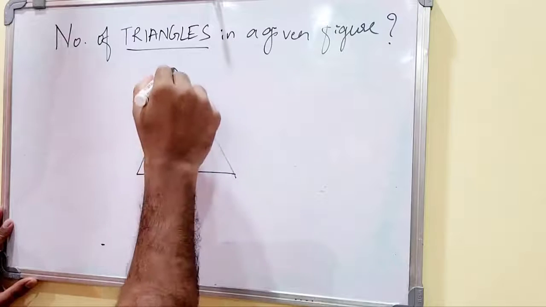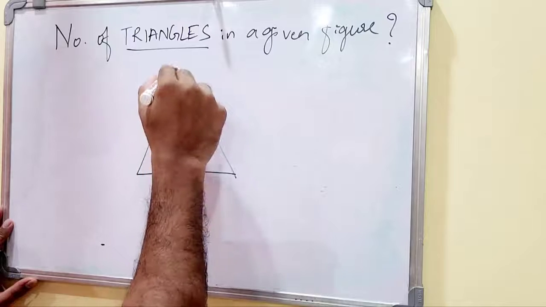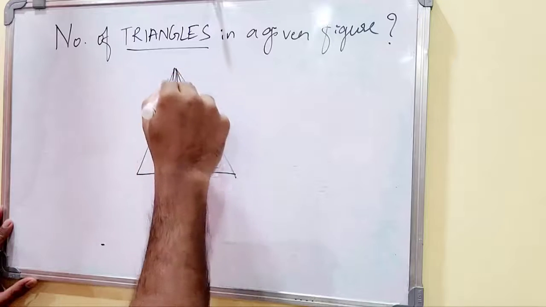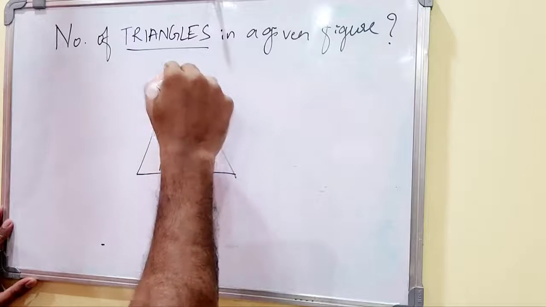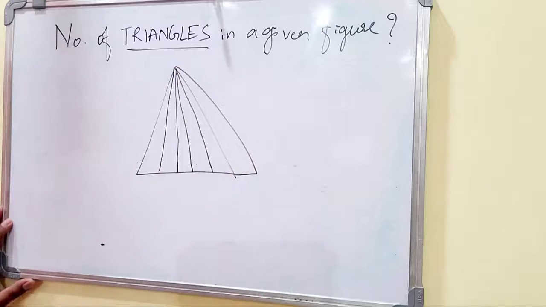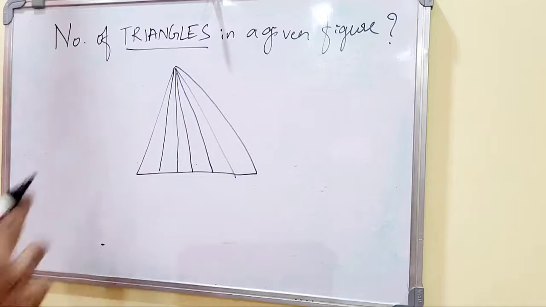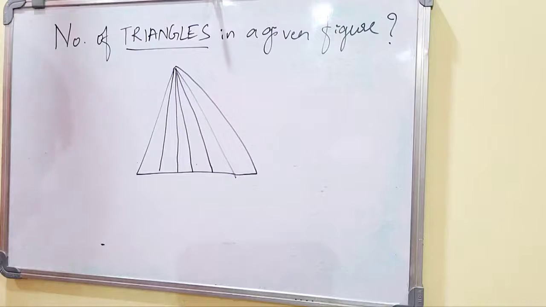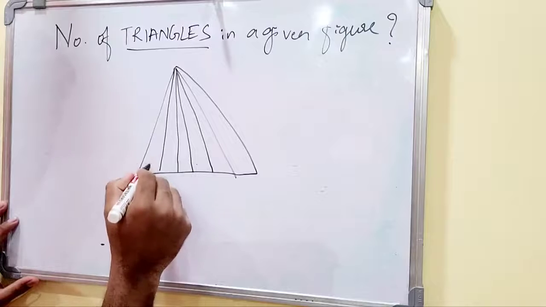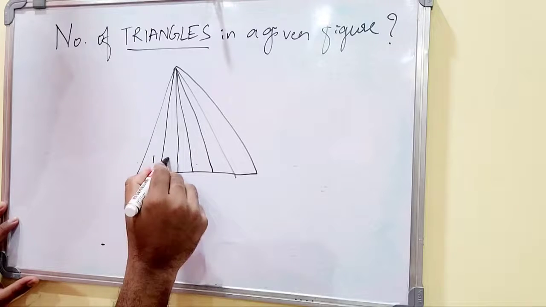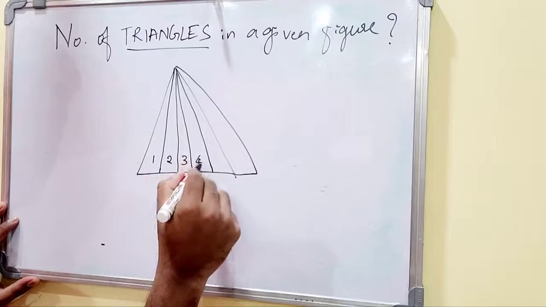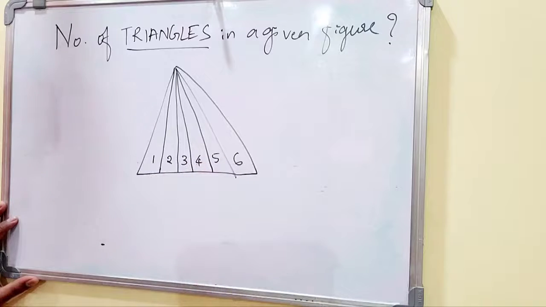This is the given figure. So you have to calculate the number of triangles in the given figure. Here the trick is again to number the individual triangles 1, 2, 3, 4, 5, 6.